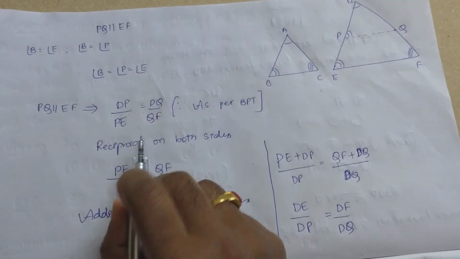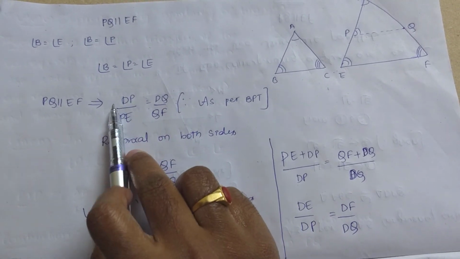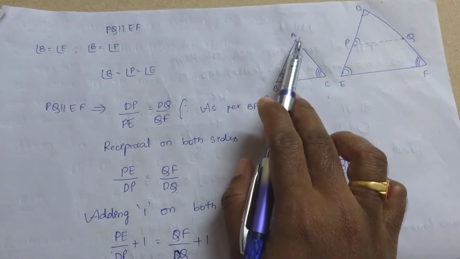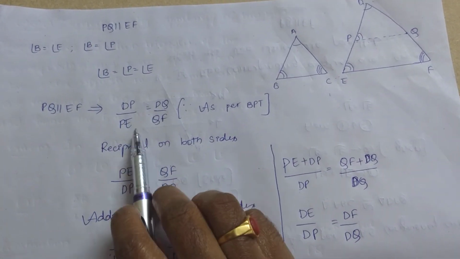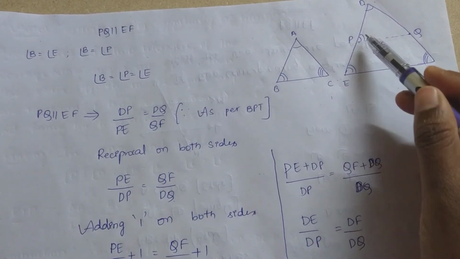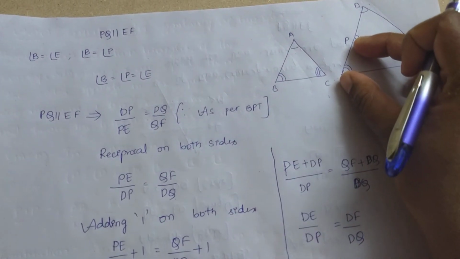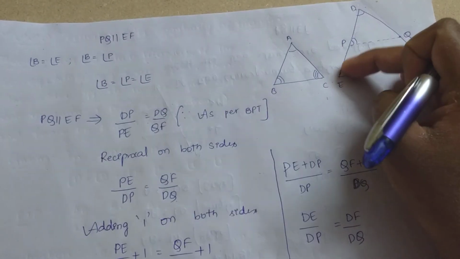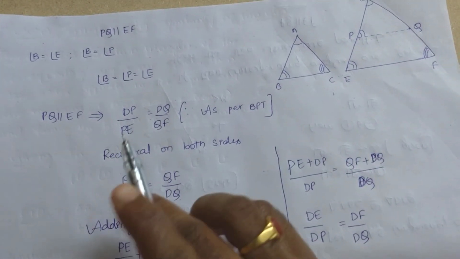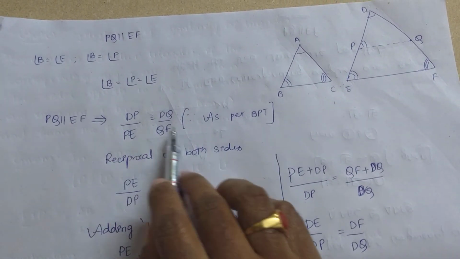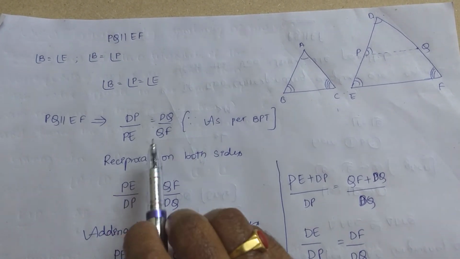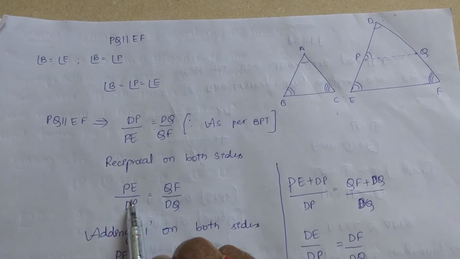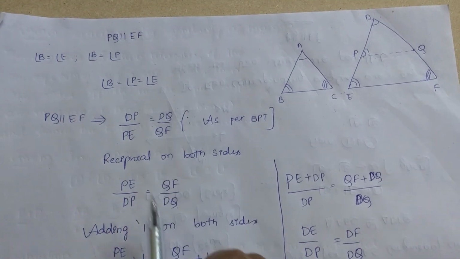Here DP equals AB, that we know, but PE is different. PE means only this part, but we have to prove it with DE. So what did I do here? I just took the reciprocal on both the sides. So we get PE by DP equals QF by DQ.